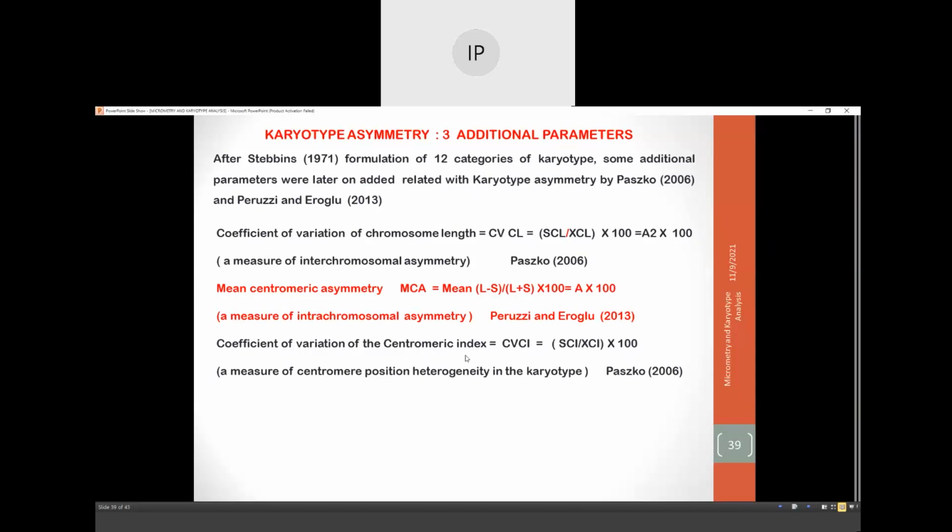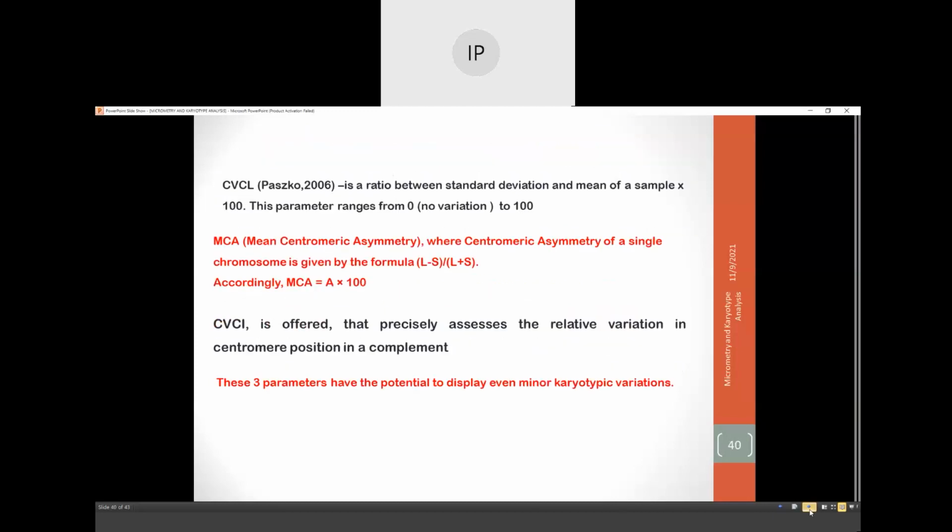Coefficient of variation of centromeric index, CVCI, that is SCI divided by XCI into 100, a measure of centromeric position heterogeneity in the karyotype by Pashko 2006. CVCL is the ratio between standard deviation and mean of sample into 100. This parameter ranges from 0 to 100, no variation.